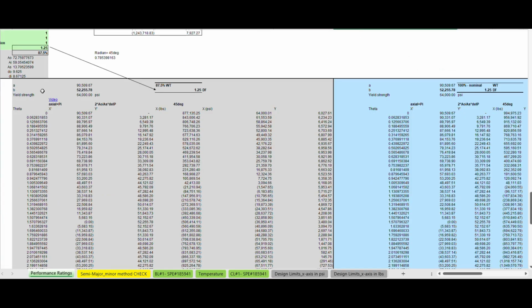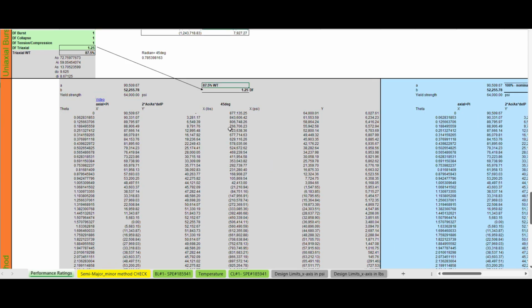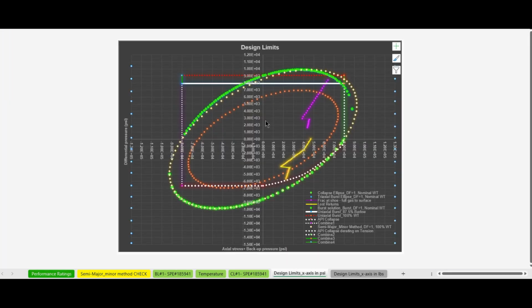Now yield strength is based on 64,000 psi, plus you take this 87.5% wall thickness, meaning that you have more stress because your cross-sectional area is smaller. That's why your ellipse is much smaller here. This other ellipse was basically 100% wall thickness and one design factor, as you can see in the legend on the plot.